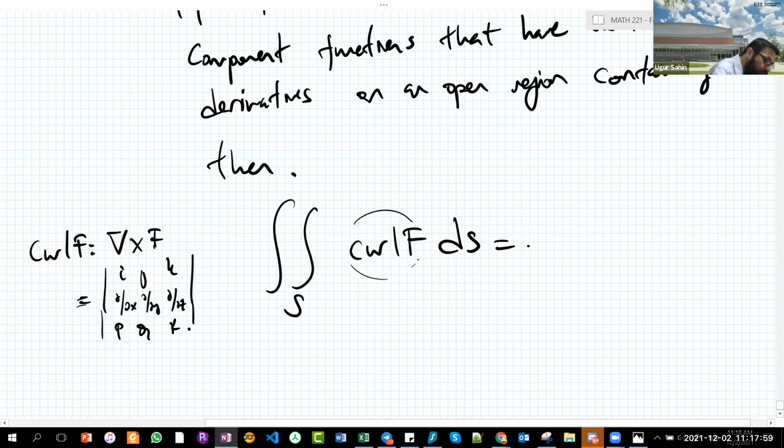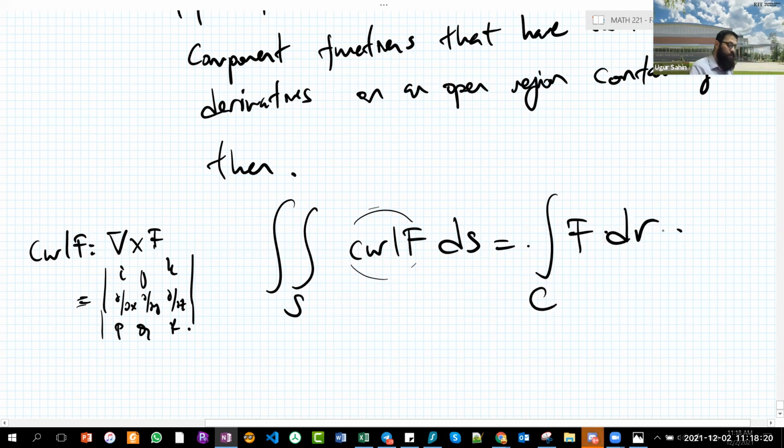So the vector field here is a special vector field. If you want to calculate the surface integral of a vector field which is given by the curl of any vector field, this surface integral can be calculated by this line integral. You see the right-hand side of this formula.